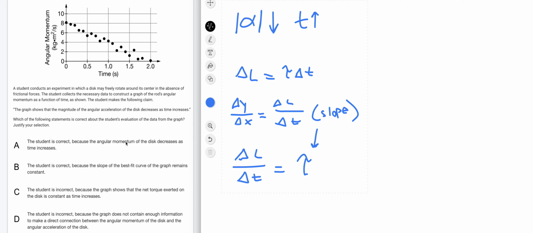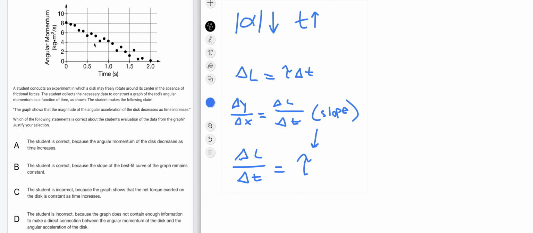So let's look back at our answer choices here. Let's look at part A. The student is correct, we don't know yet, because the angular momentum of the disk decreases as time increases. We can see that the second portion is correct. The angular momentum does decrease as time increases. So you got that right, but is the student correct? We don't know yet. Let's look at the next one. Because the slope of the best fit curve of the graph remains constant, so the student is correct.